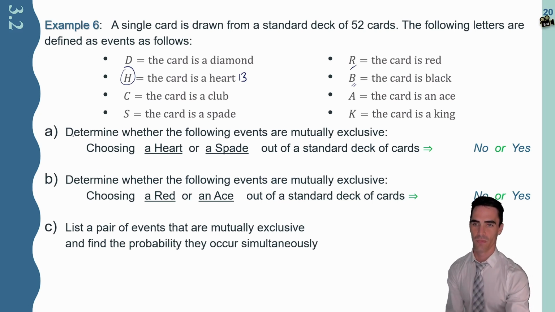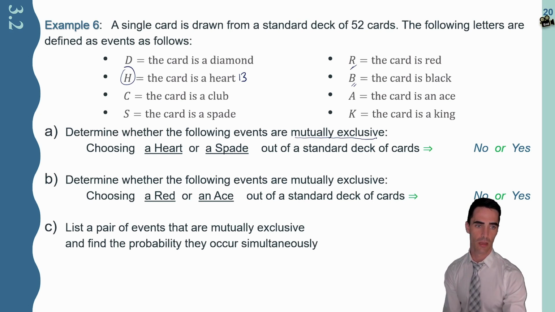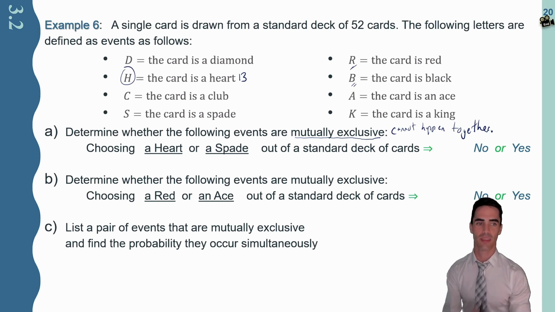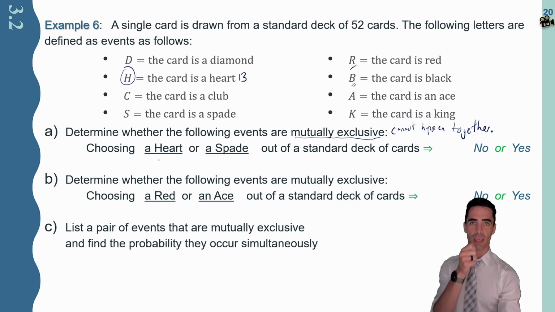Let's get into it. Determine whether the following events are mutually exclusive, which again is the same thing as saying they cannot happen together or simultaneously. So I'm interested, when I pick up a card, can that one card be a heart and a spade at the same time?